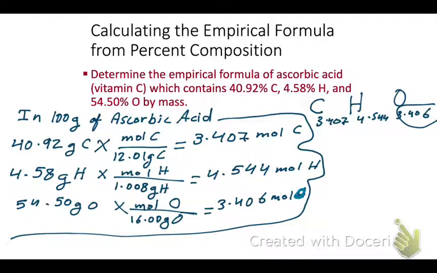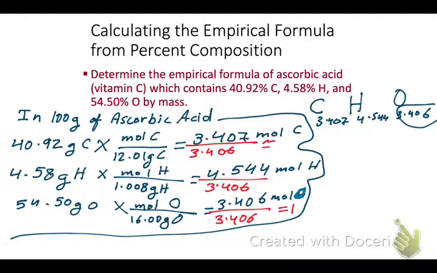Okay, so we have to look at the smallest number and divide by that number, which happens to be moles of oxygen. So you're going to divide this by 3.406, this also by 3.406, and this here by 3.406. Of course, this one will equal 1. This one is almost 1.